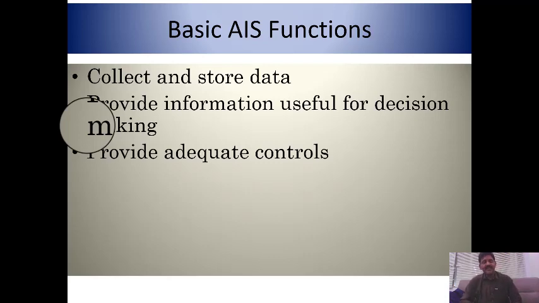So provide adequate control. I told you many times about control, internal control and external control. Internal control includes internal audit, internal check, and security control like passwords. Clear? It means providing control to the assets of the business.